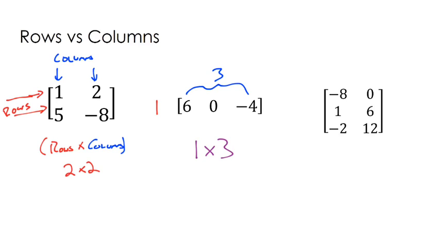And then lastly, it looks like we have an example here that has 3 rows, but it has 2 columns. So we would call this a 3 by 2. Okay? And so we need to know how to recognize the number of rows and the number of columns because we refer to these matrices by their size. It's called their size or their dimension, okay?